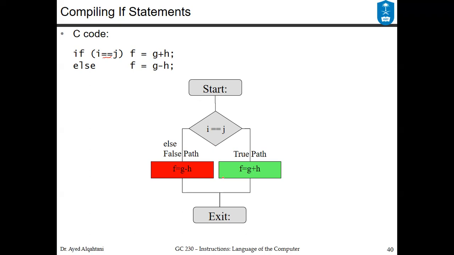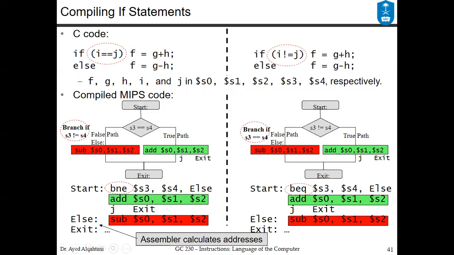So this is going to be the true path, and this is going to be the false path. Up to this point, everything in the flowchart is easy. But now we will see how to convert this one to assembly code in this slide.